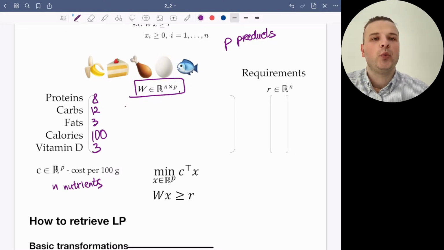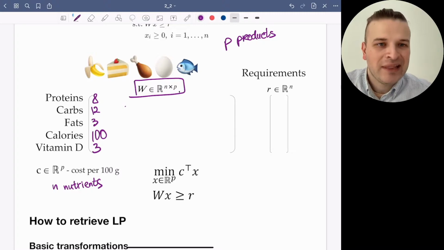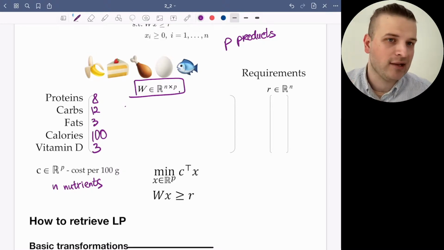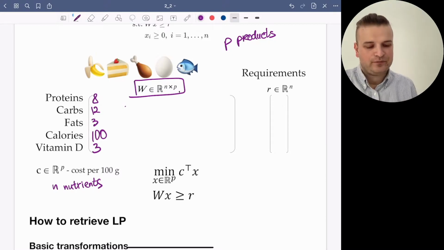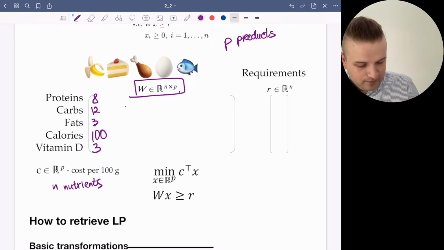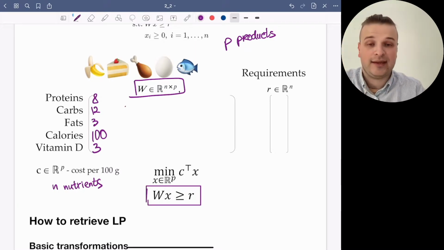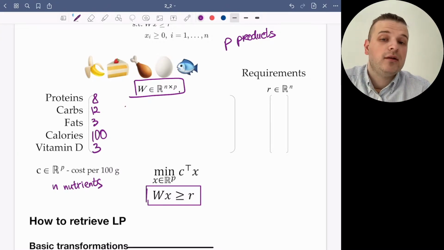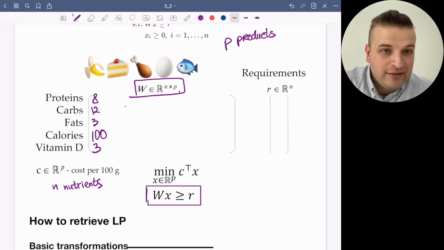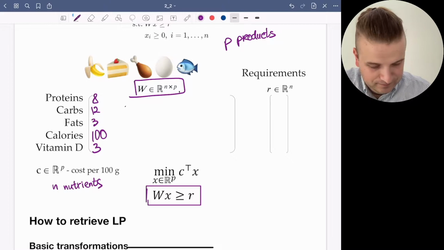Let's say we do not want to consume fewer calories than some limit, or at the same time more calories than some higher limit, right? So in the simplest case, our goal is to verify that we meet these requirements. And again, in the simple case, we have, let's say, only lower bounds here, that we have to survive somehow in our tough days.